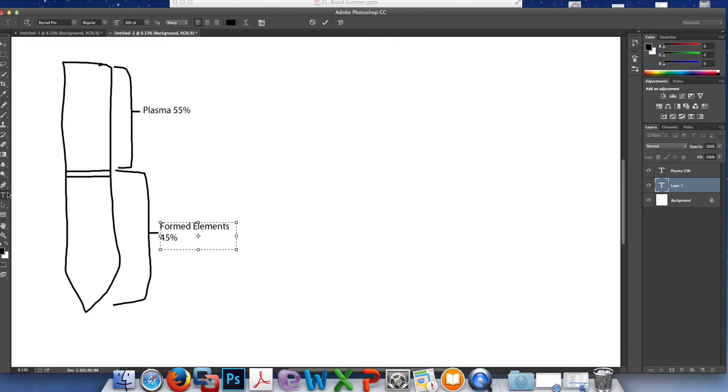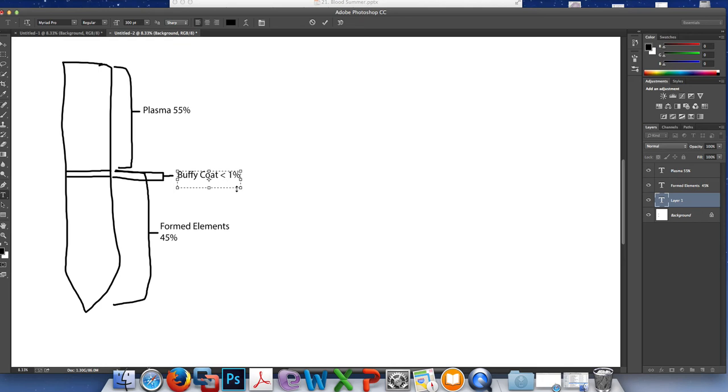Of this 45%, my 1% here, this tiny little area, is referred to as the buffy coat, and it contributes to less than 1% of the overall volume of blood.